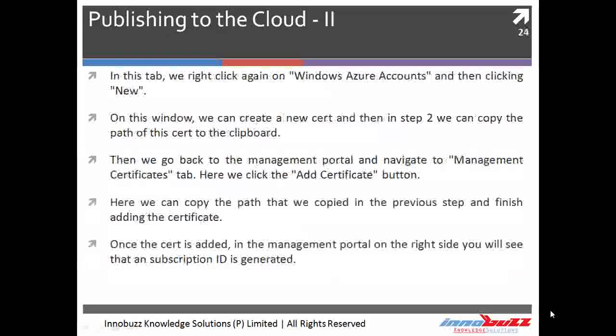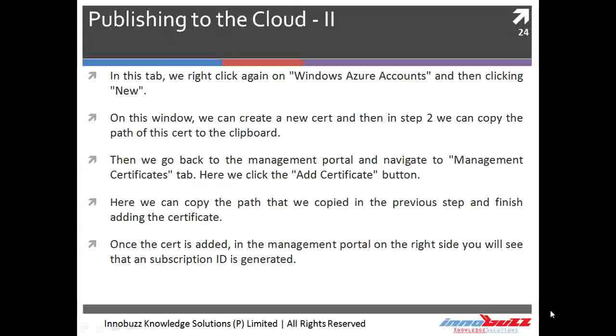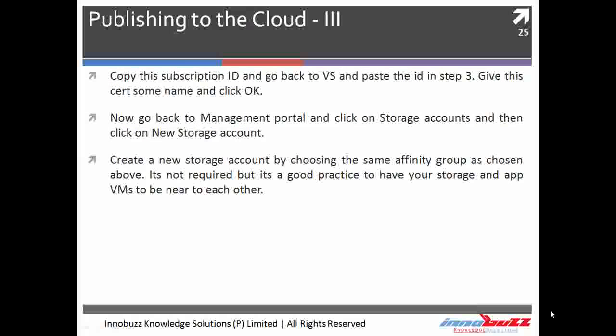Once you have a subscription, you create a certificate from Visual Studio. Then you create a subscription ID from the management portal. Then you use the subscription ID in Visual Studio, and you are done. So, it's quick, isn't it? With all these steps, you are done with the settings for publishing to the cloud.